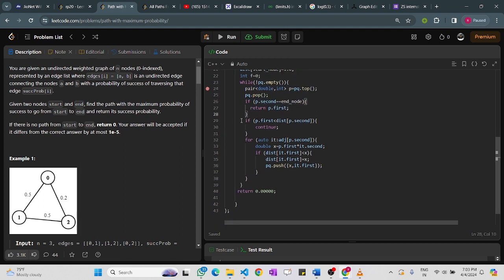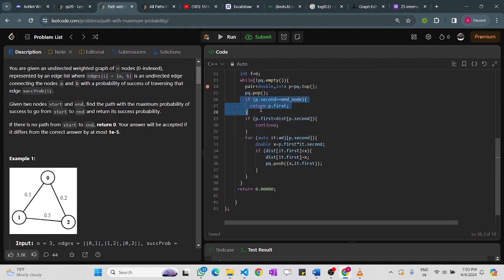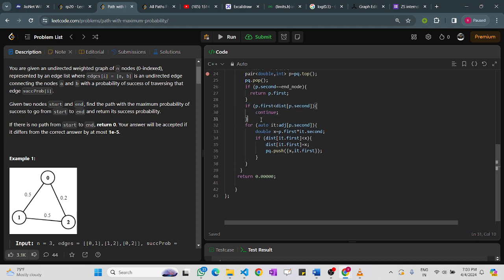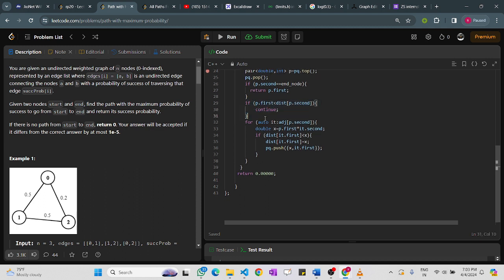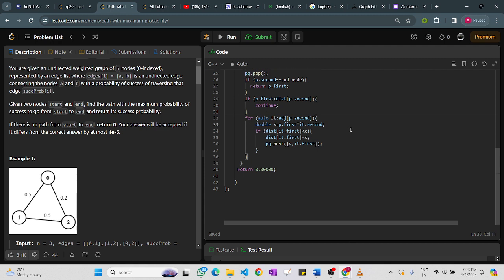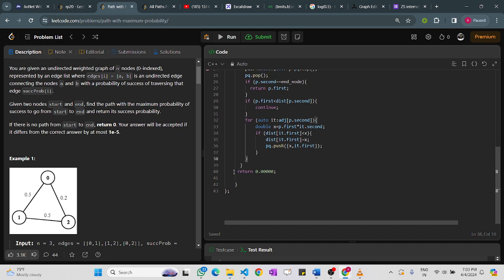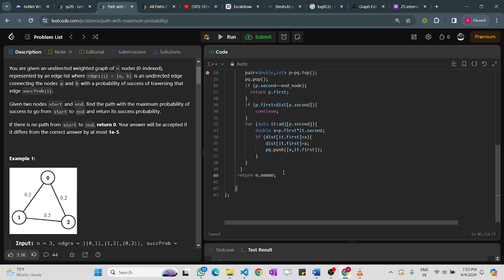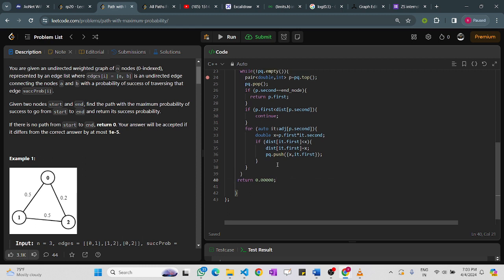I will be explaining this part later on. So first of all, let's see: if p dot first is less than distance of p dot second, basically distance of p dot second is the probability of the node that we have in the max heap at the top. Similar to what I did in Dijkstra, you can see here. If you are not able to reach the destination, then you are going to return 0.0.